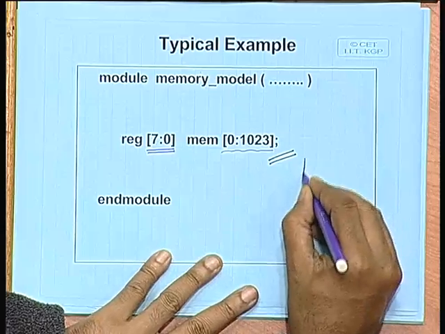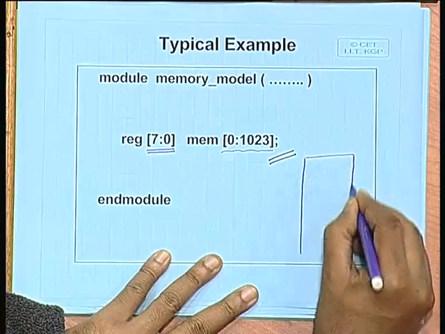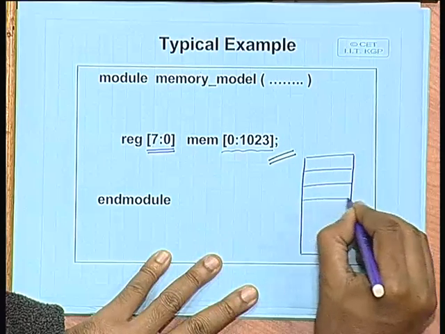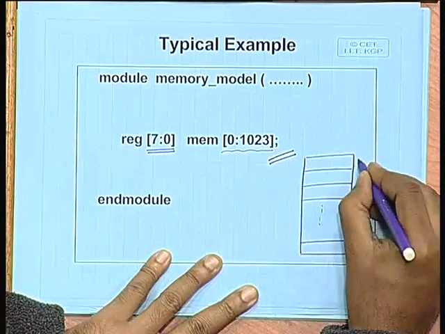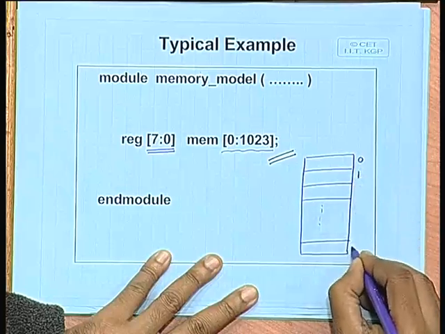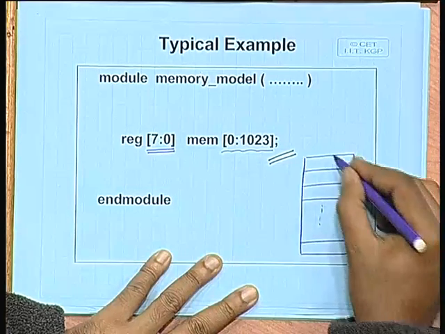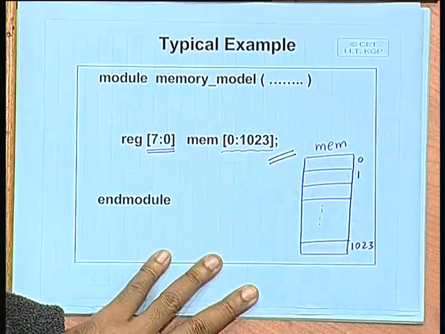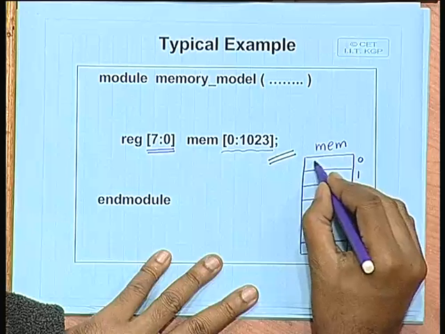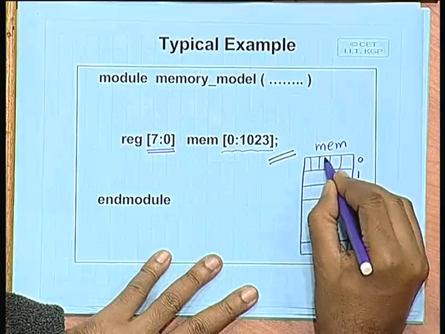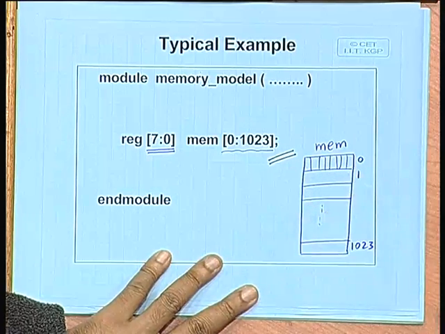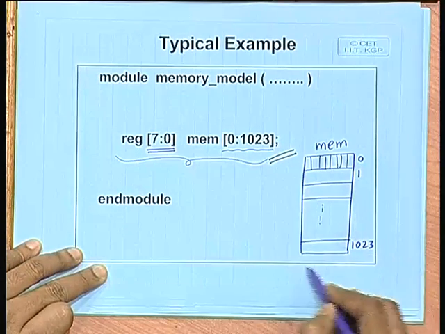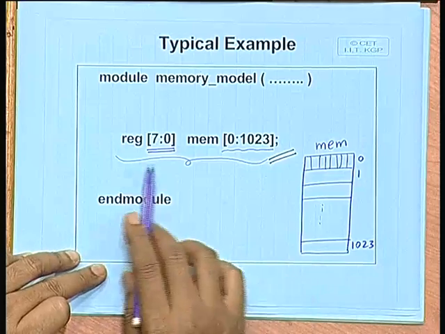So, actually this will be treated as an array of 1024 registers with index going from 0 up to 1023. There will be so many register variables, the name of this 2-dimensional array will be given as mem, and each of the words will be of size 8.